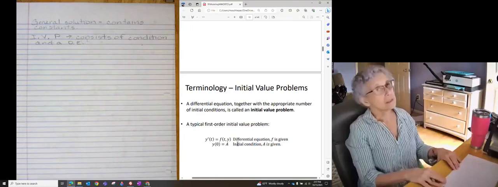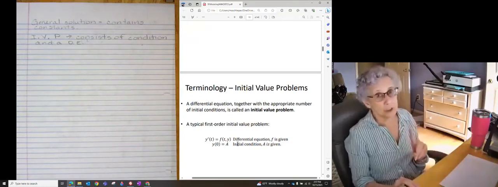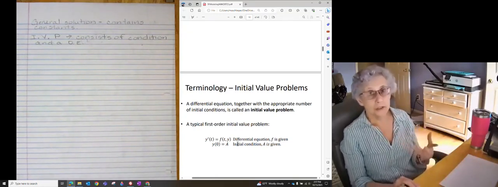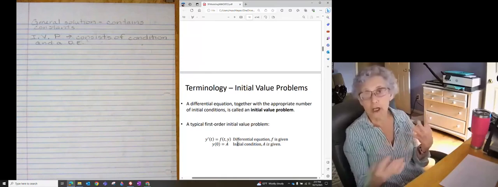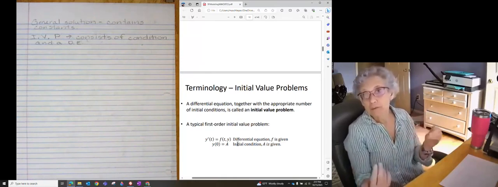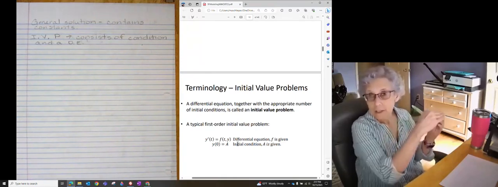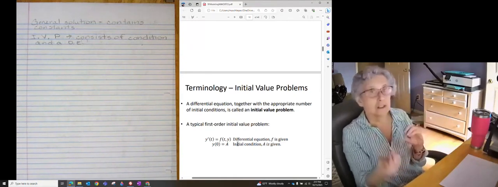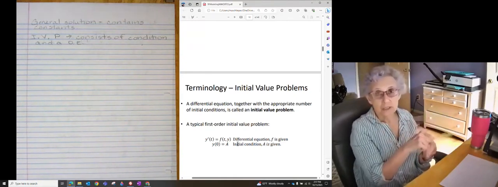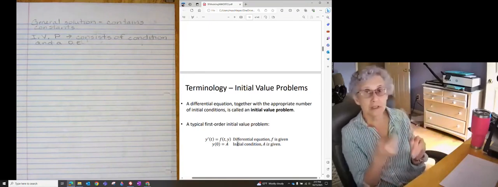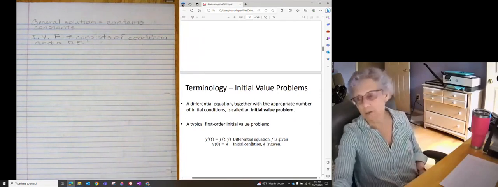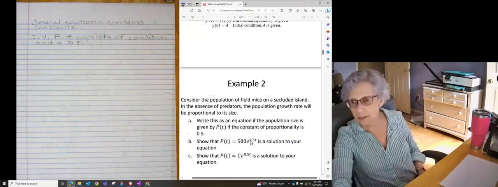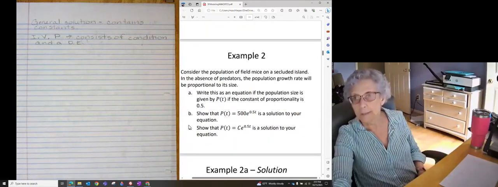And you solved these back in Calc 1 when you were first learning about integrals. We talked about velocity and acceleration, and you would figure out the velocity given the acceleration and the initial velocity, and then you could figure out the position function given the initial position and the velocity function. Those were initial value problems. You've done these already. Okay.